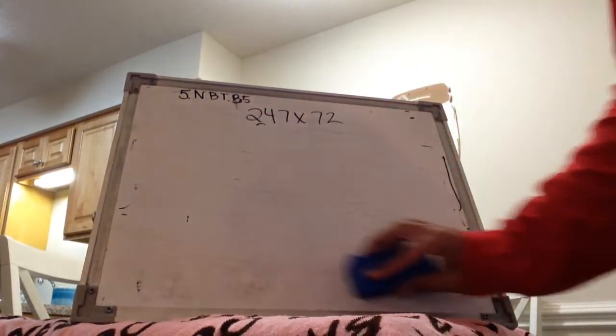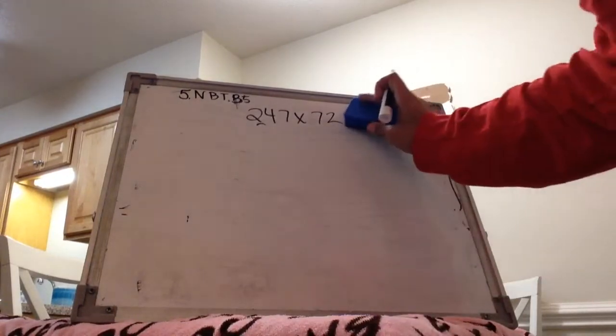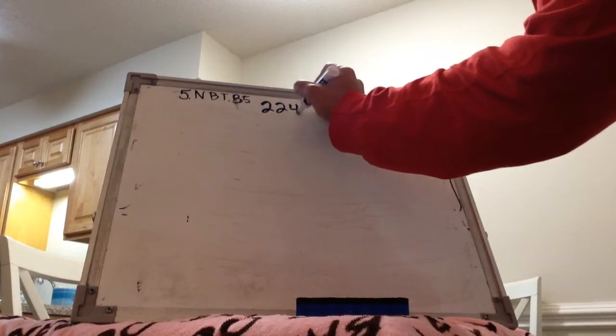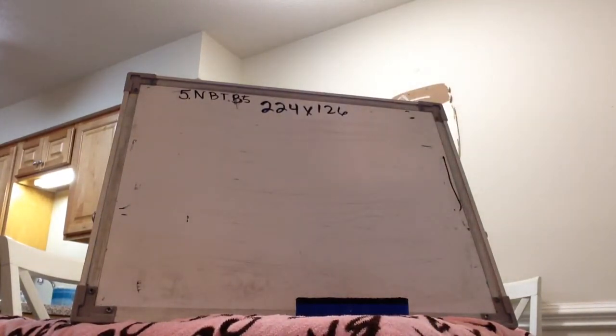So we're going to use a 3 by 3. So I'm going to say 224 times 126. So it's a 3 by 3. So I would still want to set it up the same way.